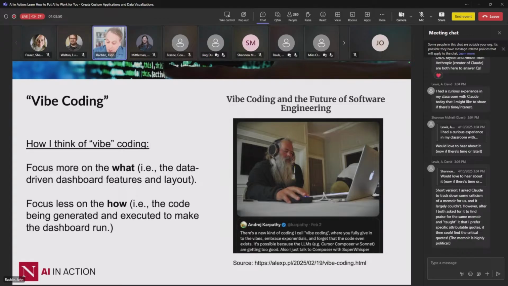Now, Claude, in the process of building these apps, will certainly produce code in order to run and execute these models, but we won't need to worry so very much about that code. Our focus instead will be on just what are the features and capabilities of the dashboards that we create.